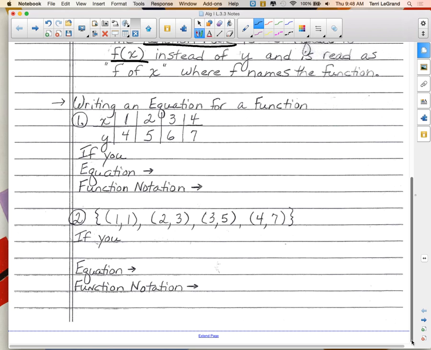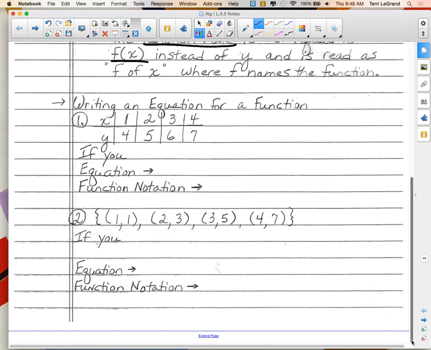Okay, so 1 plus 3 is 4. 2 plus 3 is 5. 3 plus 3 is 6. And 4 plus 3 is 7. It works for all of them. It has to work all the way across the table, not just the first time and the second time. You have to make sure you go all the way across the table.